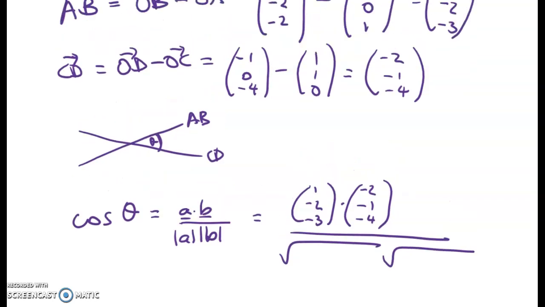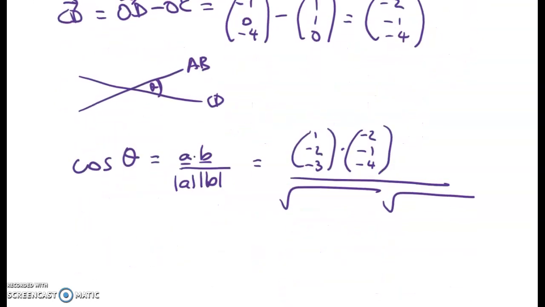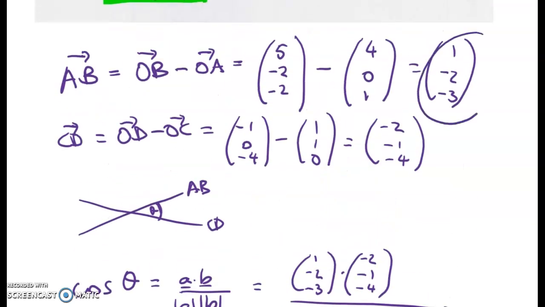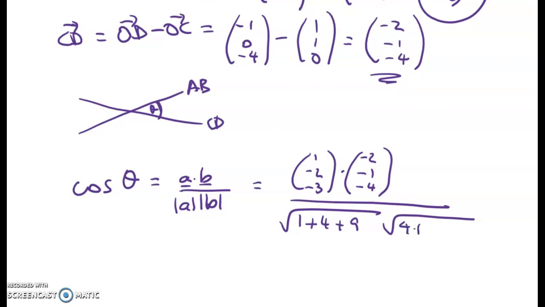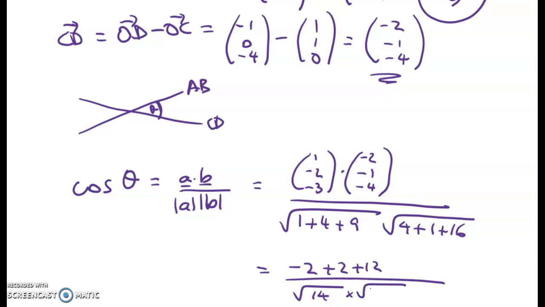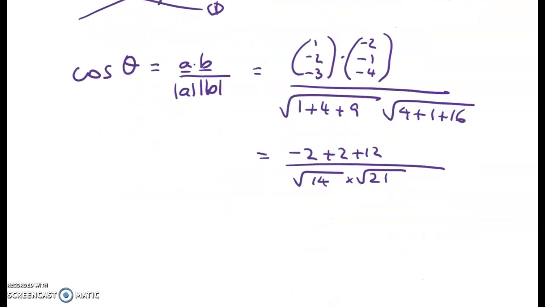So the magnitude of AB is going to be 1 plus 4 plus 9, right, from up here. And the magnitude of CD will be 4 plus 1 plus 16. That gives me -2 plus 2 plus 12 divided by the square root of, what have we got, 14 times the square root of 21.